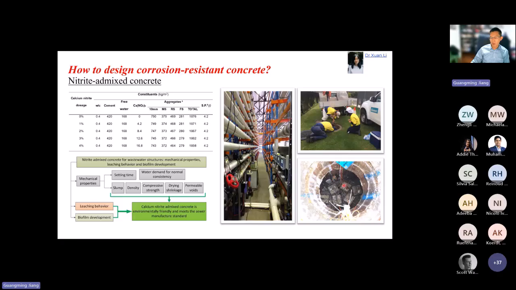We also did studies in the real sewer system. This is a collaborative work with Gold Coast City Council. Eventually, I think we got good results that demonstrate this nitrite admix concrete can have good corrosion resistance.